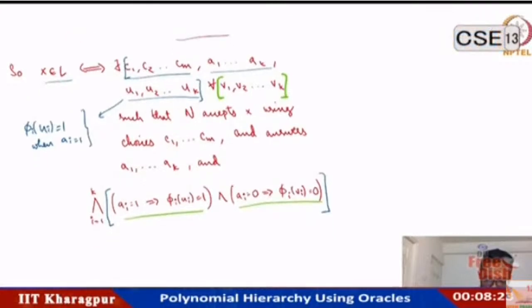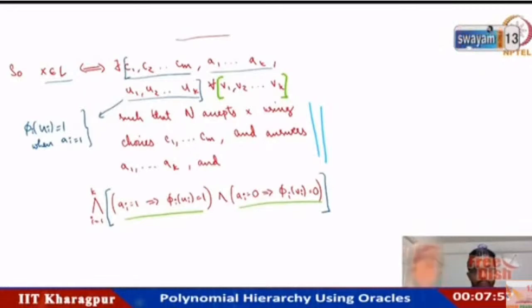So there is an existential quantifier followed by a universal quantifier and followed by this formula at the bottom, and we have this light blue part, which is just that N accepts X using the choices. All this is verifiable in polynomial time.